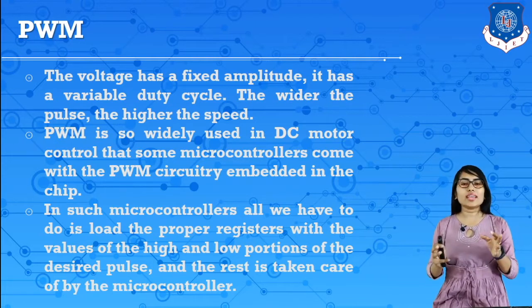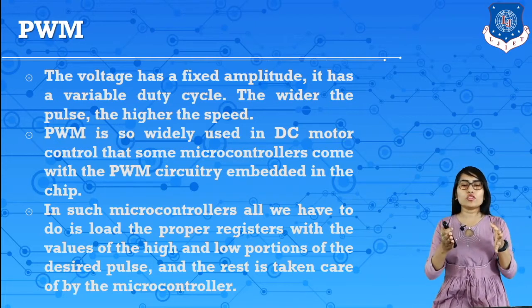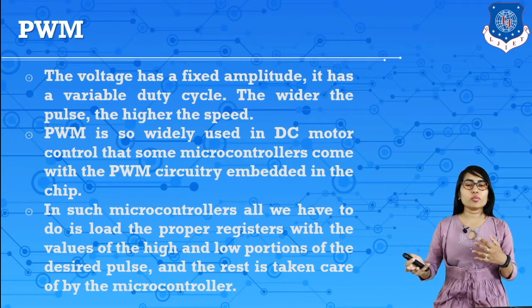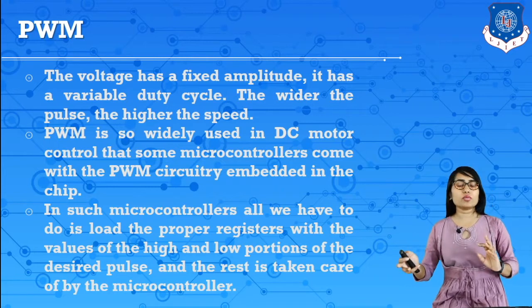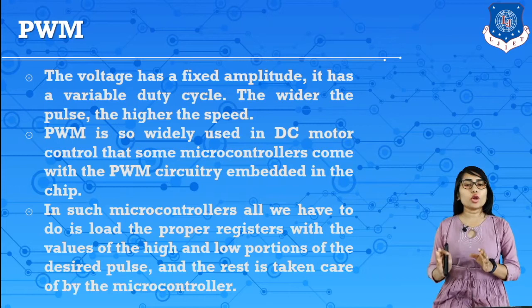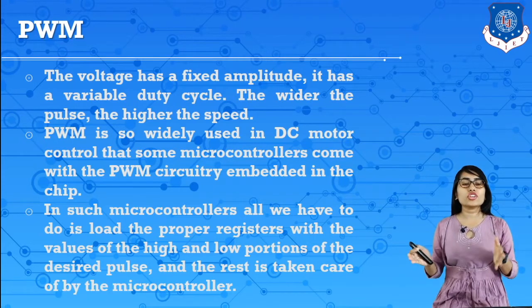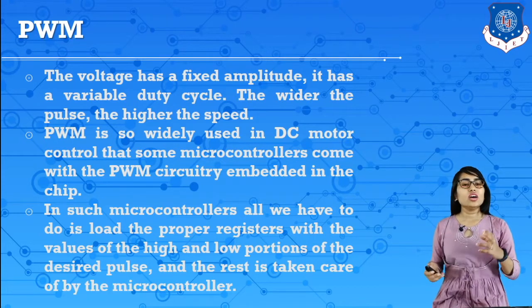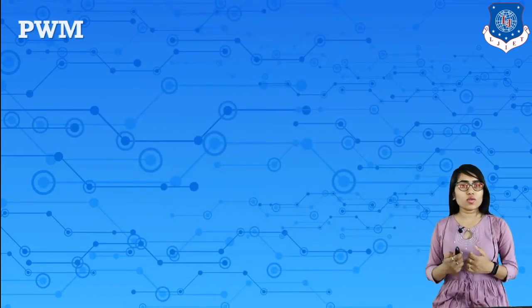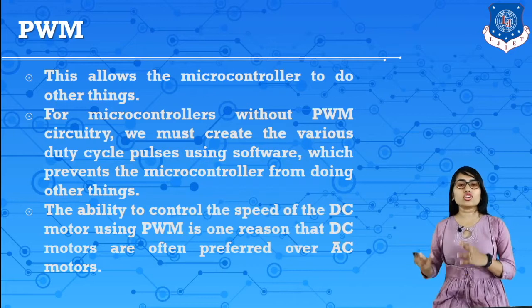For example, if we want a 25% duty cycle or a 75% duty cycle, we just load the registers with the proper values of the high and low portions of the desired pulses, and then the microcontroller can generate our pulses depending on our requirements and the register values.